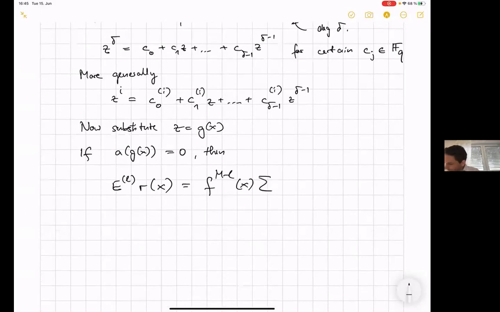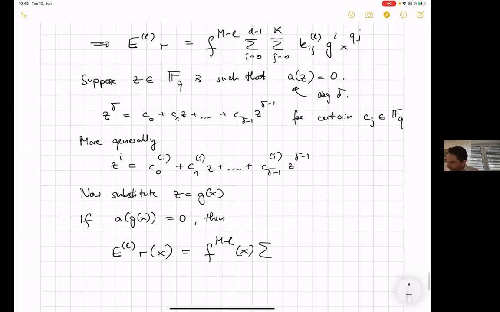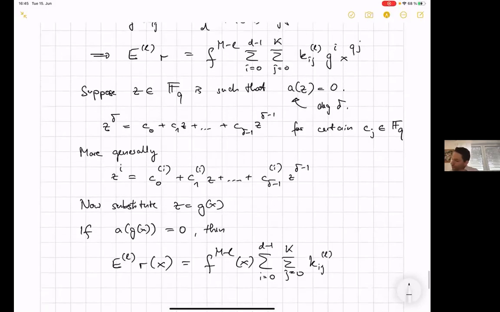And what else do we have? We have a sum over i from 0 to d minus 1, a sum over j from 0 to k, of k_{ij} super L. Now we use Frobenius. x to the power q^j is really x to the power j, because a q-th power is just the element itself.